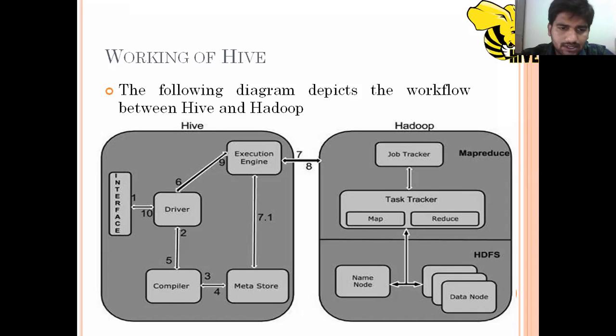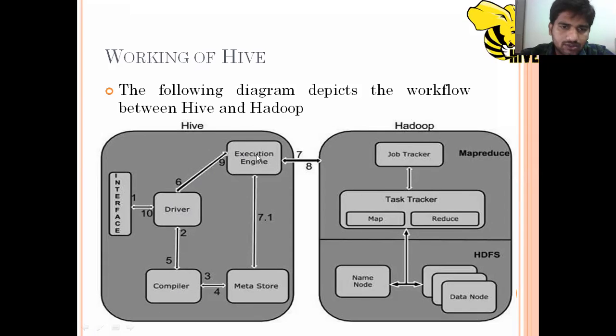That is the driver to compiler, the second part, and the third part is compiler to metastore. Here we check whether the given query will execute properly. After confirming with the metadata, it goes back to the compiler, and the compiler returns it to the driver, and it is submitted to the execution engine.